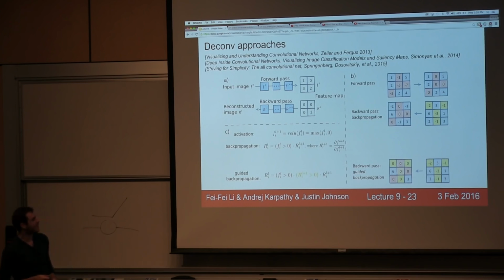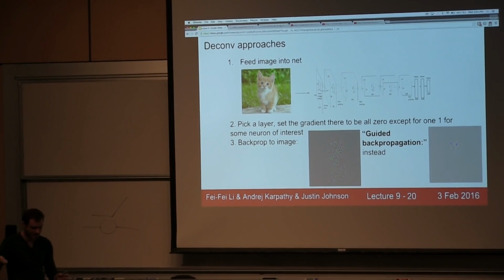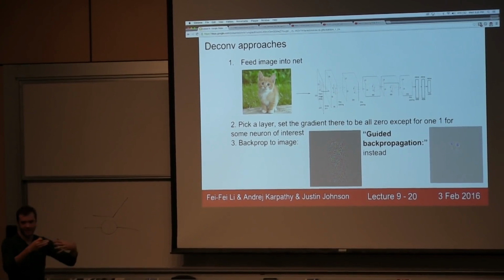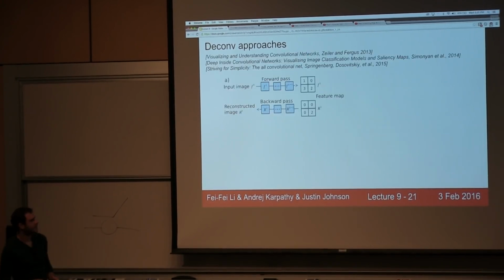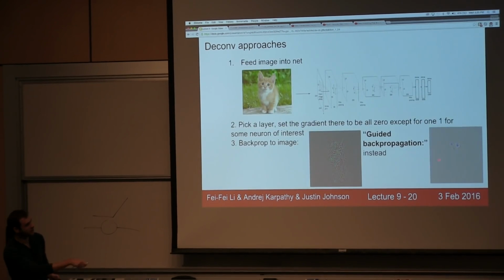The reason you get weird looking things with backpropagation is that you have all these paths of influence, some positive and some negative, from every single pixel to the neuron we're trying to see what activates it, and they end up canceling out in a weird interference pattern. So in guided backprop we only keep the positive influences and only backpropagate those through, and then you end up with much cleaner images.